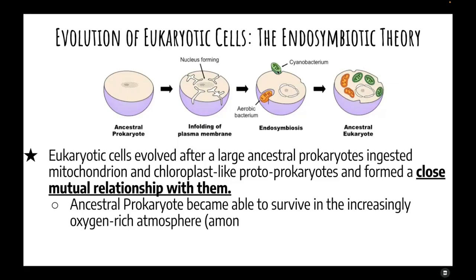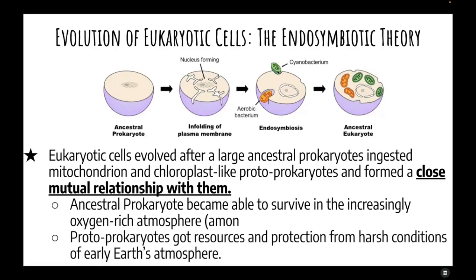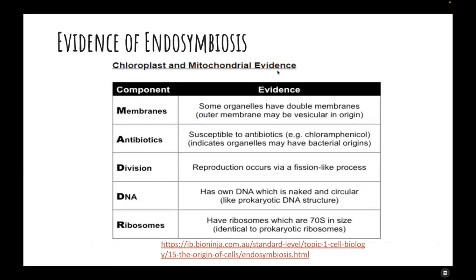After a lot of ingesting and a lot of relationships being formed, it formed a close mutual relationship with them. And so the ancestral prokaryote became able to survive in the oxygen-rich atmosphere. We said before oxygen used to be toxic, and now this oxygen was being used to create energy. So proto-prokaryotes got resources and protection from harsh conditions of early Earth's atmosphere.